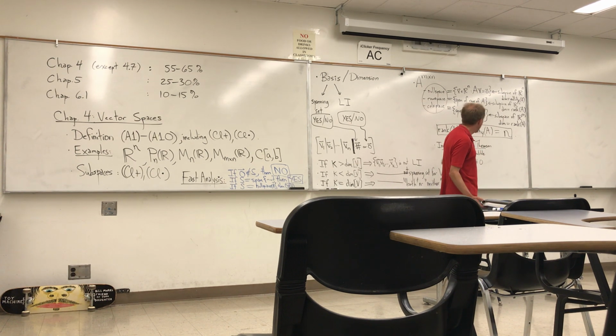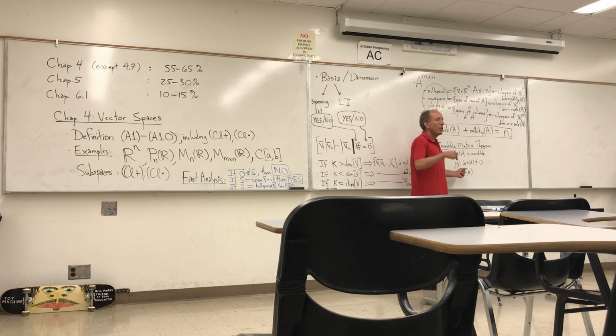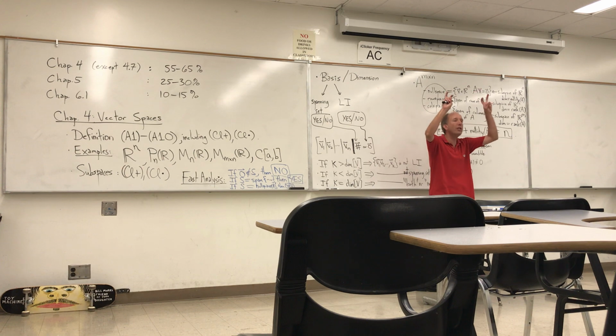Things like, when the matrix is invertible, the rows are linearly independent. The columns are linearly independent. The rows span Rn. The columns span Rn. The rows form a basis for Rn. The columns form a basis for Rn. That's a lot of what these statements are about. It's all good things, right?